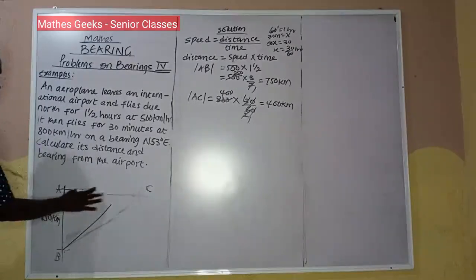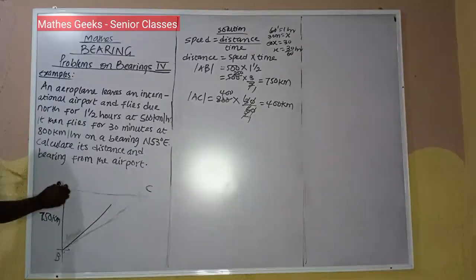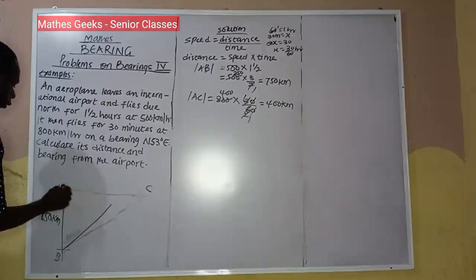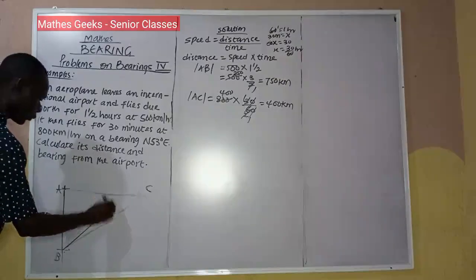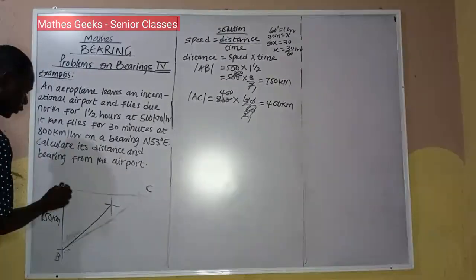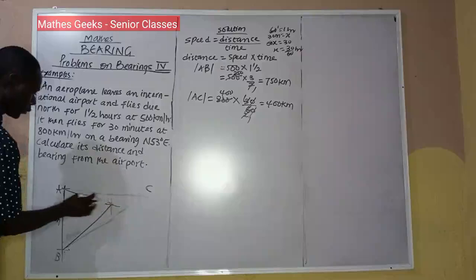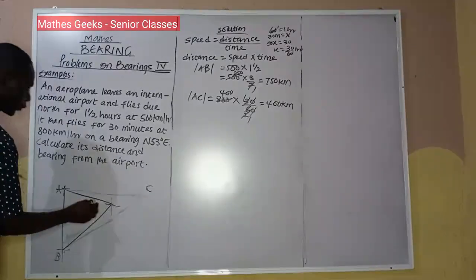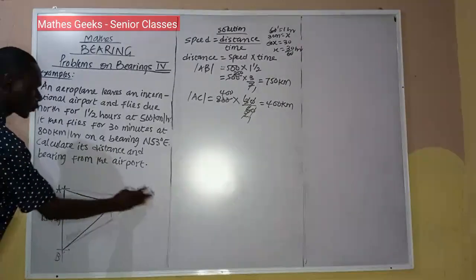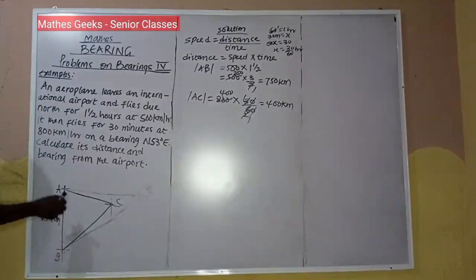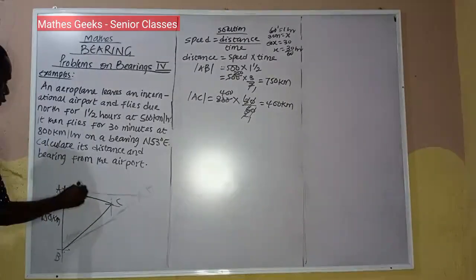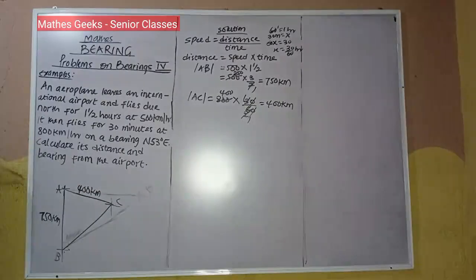So it's not going to be a straight line. There's a north, there's a mix. Let's say the point C is supposed to meet like this. So here's 750 and here will be 400 kilometers.